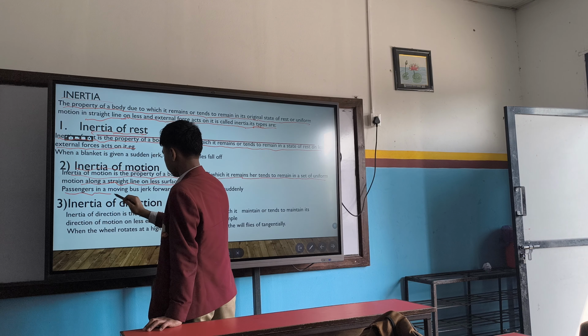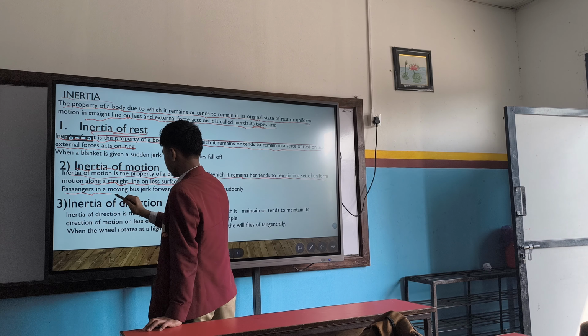Newton's second law of motion states that the acceleration produced in a body is directly proportional to the force applied to it in the direction of motion, and inversely proportional to its mass.